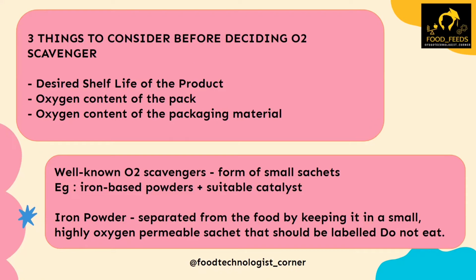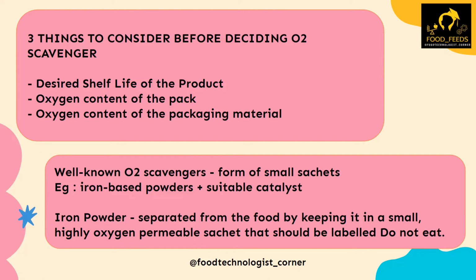Chemically, what happens is this small sachet, which contains these iron powders, will react with the moisture or the water present in the food product. The moisture from the food product combines with these iron powders, and it forms a reactive hydrated metallic reducing agent which helps to remove or scavenge the oxygen from the packet.